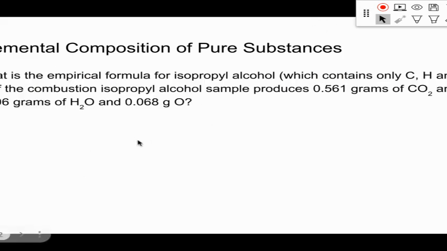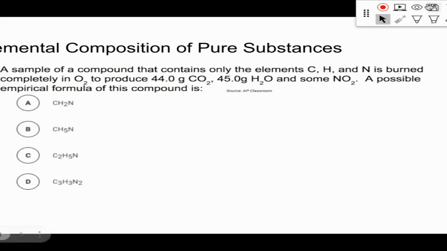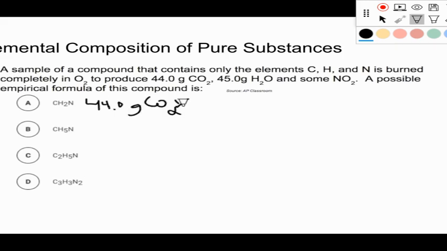So for this one, I'm going to start with my 44.0 grams of CO2. So I'm going to cancel with my grams of CO2 on the bottom. That number comes from the periodic table.